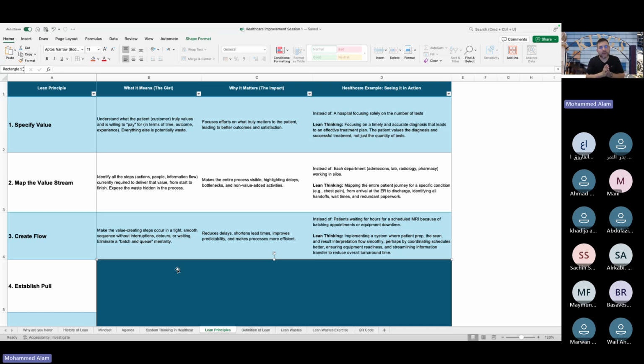Let's say in the lab, what happens? You give your blood to the phlebotomist, and then the phlebotomist, instead of sending the tube, sometimes waits for more tubes to be collected. Now your tube, whose blood was collected maybe 60 minutes before, is just waiting on the phlebotomist's table because the phlebotomist is waiting for a batch of 10 to be collected.